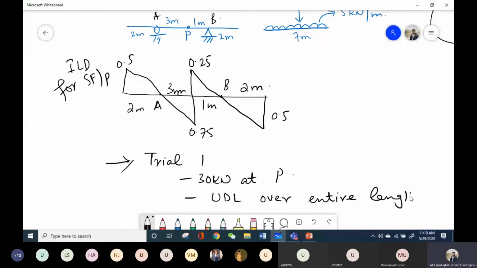But you have to remember one thing, this UDL is of 7 meter only. So even if I place it on the entire length, my beam is of 8 meters, so 1 meter will still be free. Let me show you this on the beam.